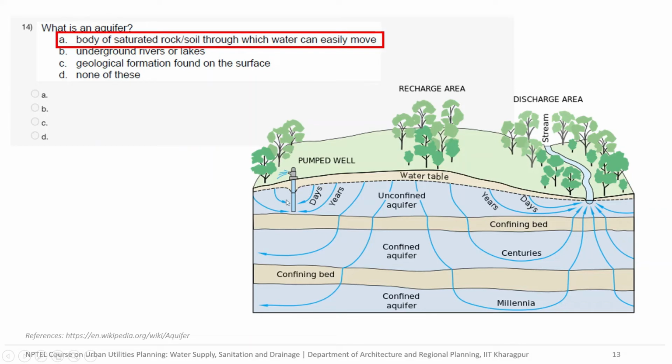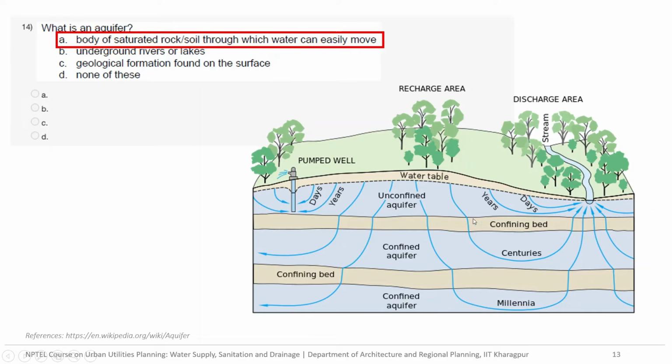So we can look at the two major types of aquifers here. One is the unconfined aquifer, which is where we get most of our groundwater supply from. So don't be mistaken from the diagram. This blue part is also rock or soil, which is permeable enough for the movement of water, and it's not a layer of water per se.